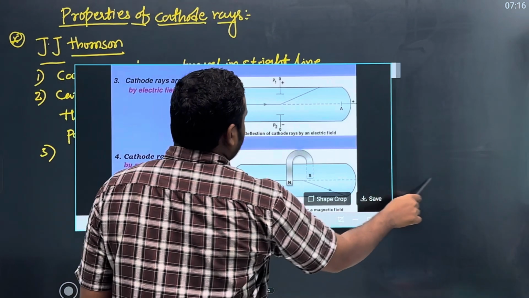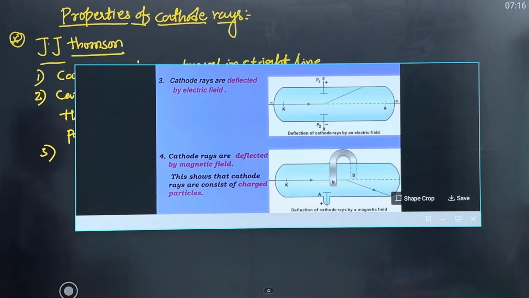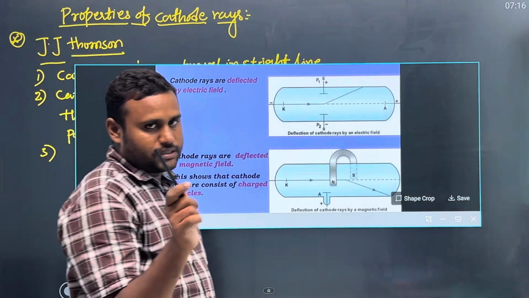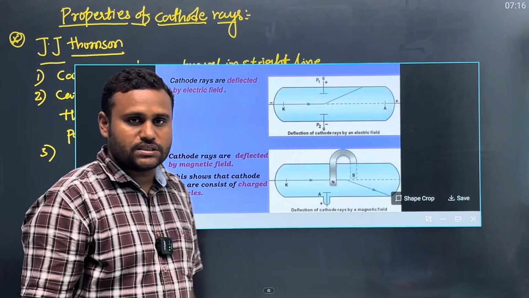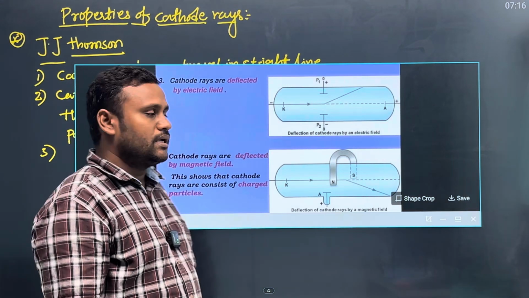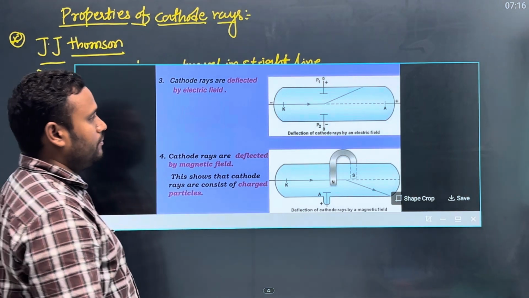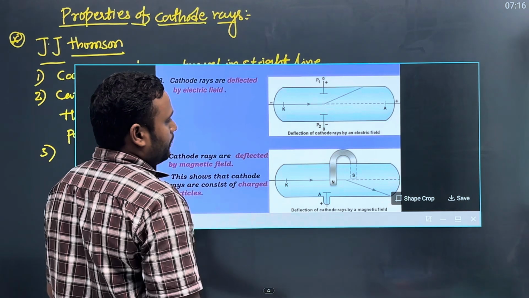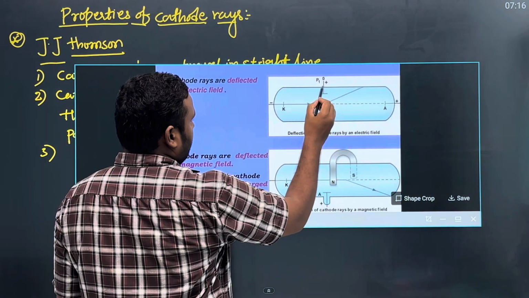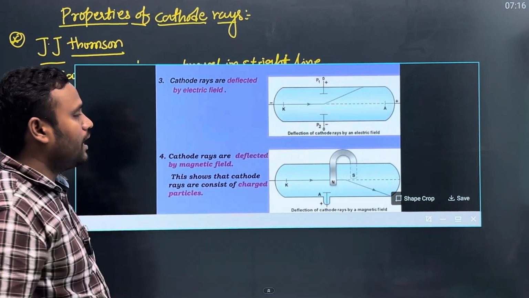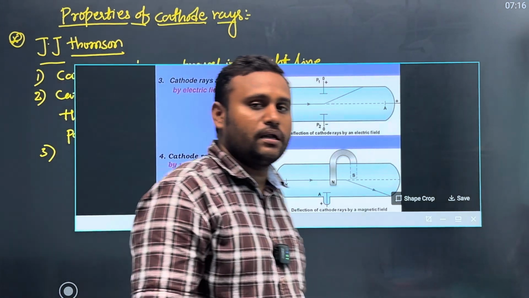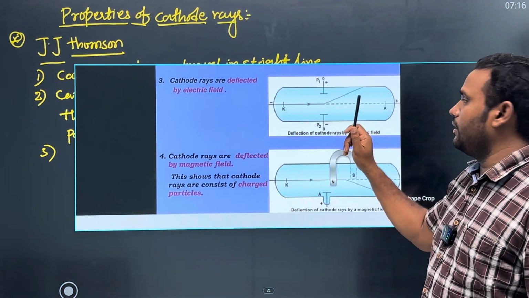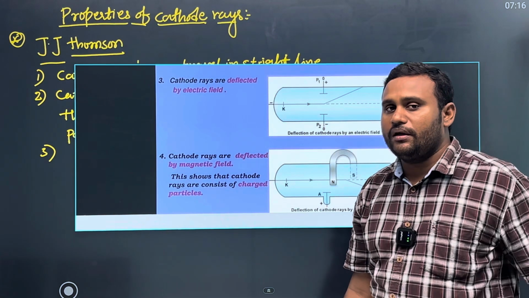They travel in a straight line in the absence of external electric field as well as external magnetic field. But when you keep any external electric field, cathode rays are not traveling in a straight line. Instead, they are traveling in a curved line, meaning they are deflecting from their path.